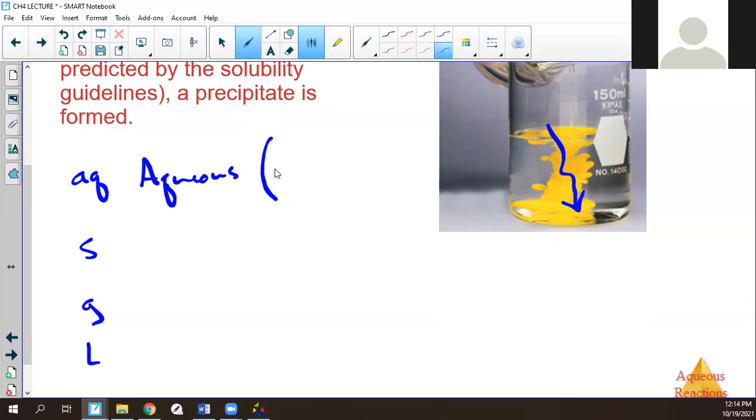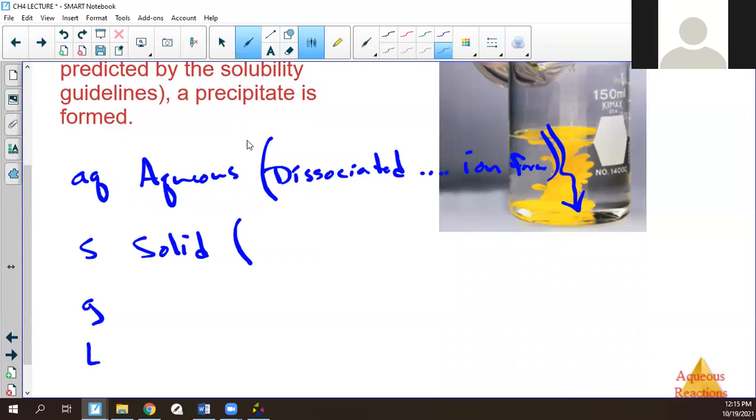And that means it is dissociated, in ion form. I know that's a lot of stuff, but it means the same thing. S means that my product or reactant is a solid. And in what we're doing right now, a solid in this type of reaction, we'd call the precipitate.